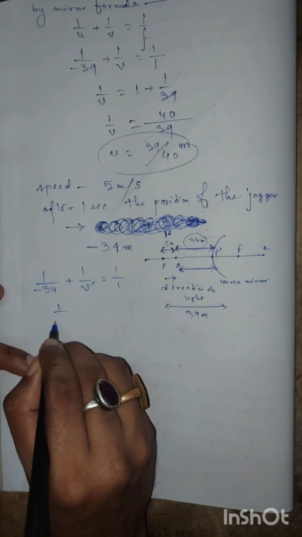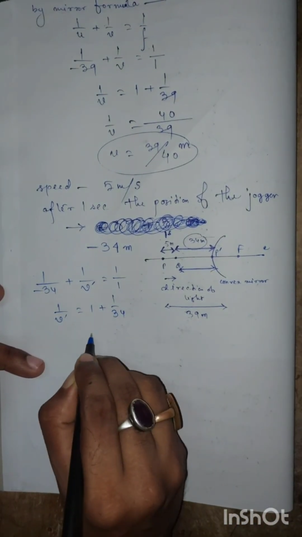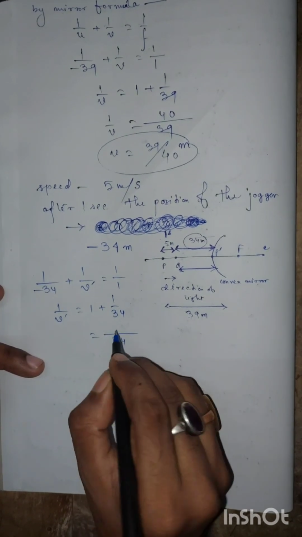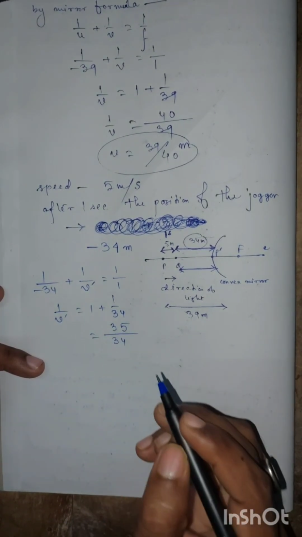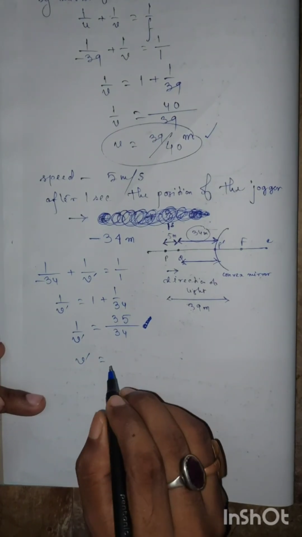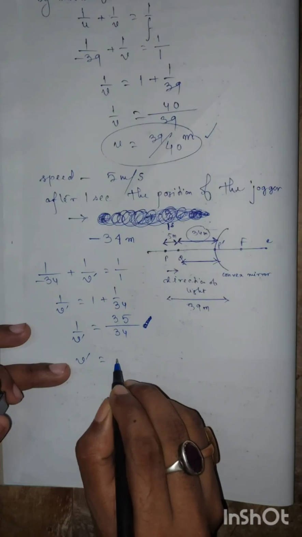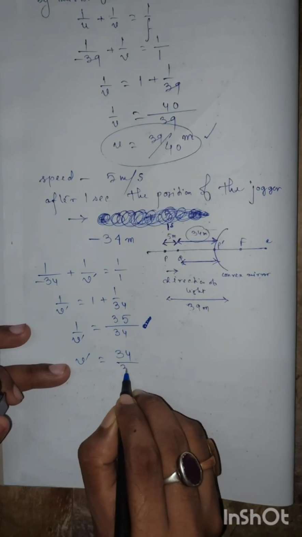So 1 by V dashed is equal to 1 plus 1 by 34. Now if we invert the ratios, we can write 34 by 35.